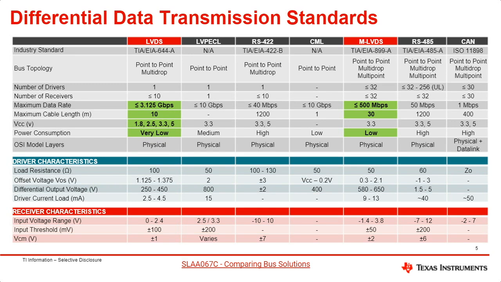So here is just a summary of the differential standards that I'm showing across the screen here. I won't go through all of the detail, but it contrasts some of the different bus topologies that are supported, the different data rates, cable lengths, power consumption, among other things.